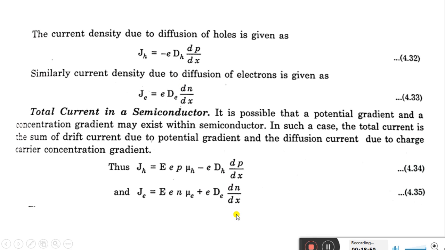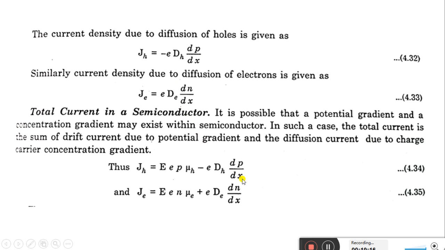So this is the expression of the total current density in a semiconductor because of the drift current and diffusion current.